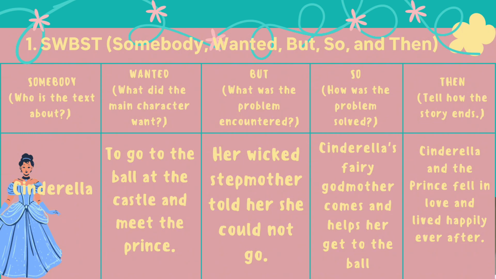Now it's time to take our SWBST and turn it into summary sentences. Somebody is Cinderella. Cinderella wanted to go to the ball and meet the prince, but her stepmother told her she could not go.